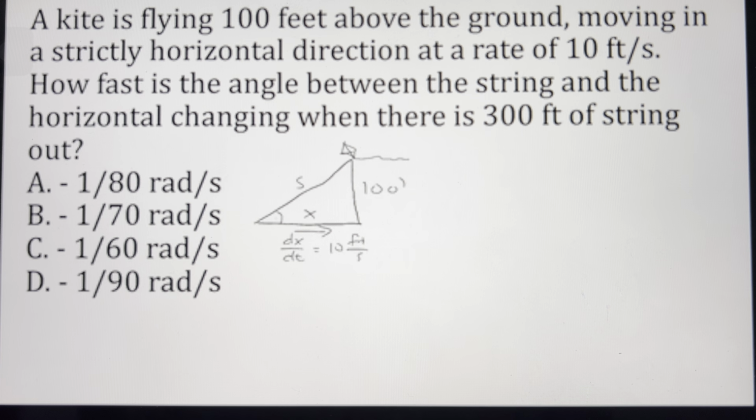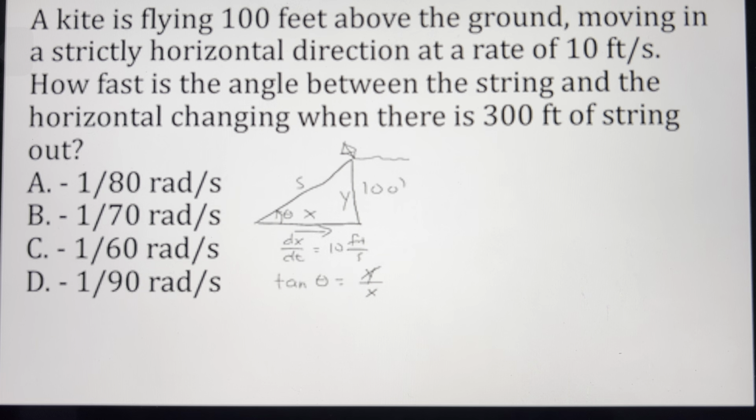So we need to find the rate of change of this theta. Let's say the horizontal is x, the vertical is y. So using our tangent, the tangent of theta will be y over x.